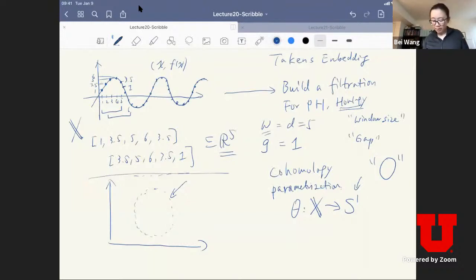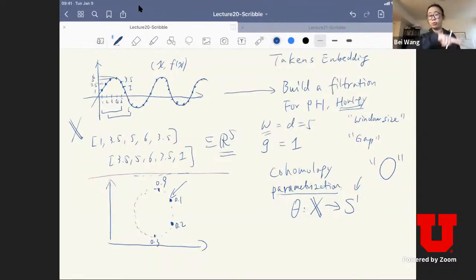So when you map this as a parameterization, maybe starting from this point, this has a parameterized value of 0.1. Somewhere here is 0.2, somewhere here is 0.3, and so on and so forth. And then this thing here maybe is 0.9.